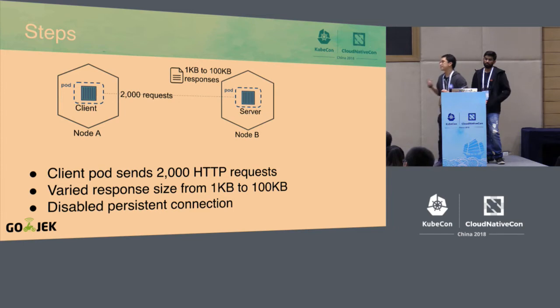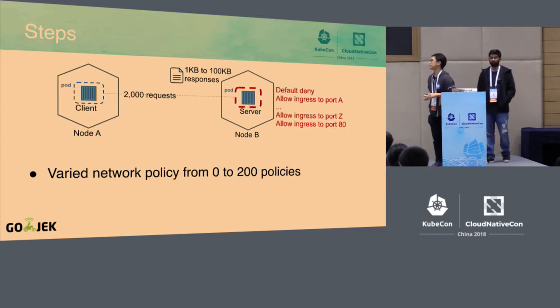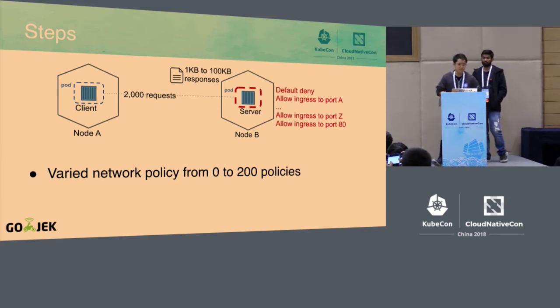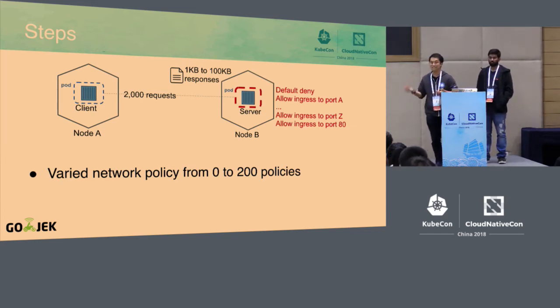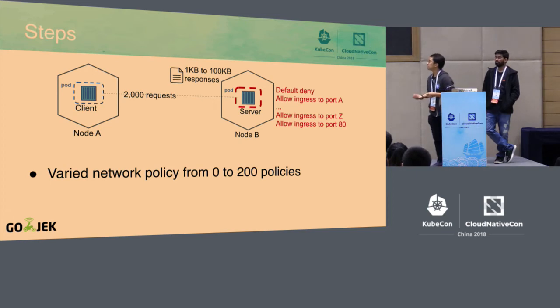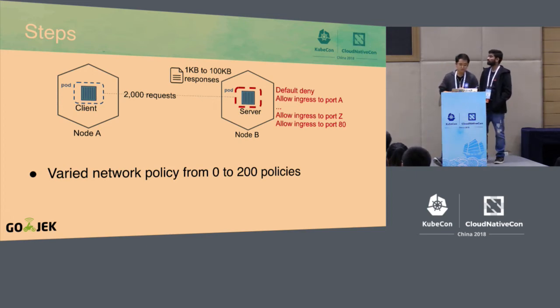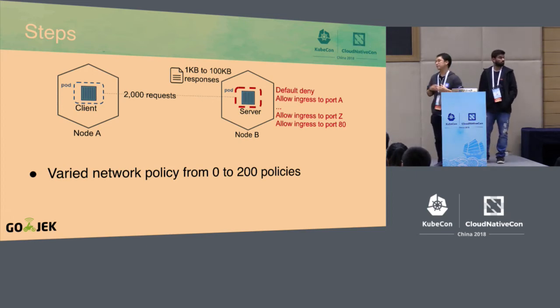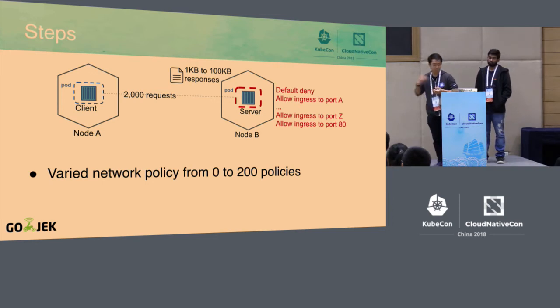And then we repeat this test for 0 to 200 network policies. What this means is for 0 network policies, we do not run any network policy, obviously. But for instance, I'm giving you an example of 200 policies. In this case, we configured the first policy as default deny. This will disable all traffic coming into the server. And then for 198, we generated random policies.